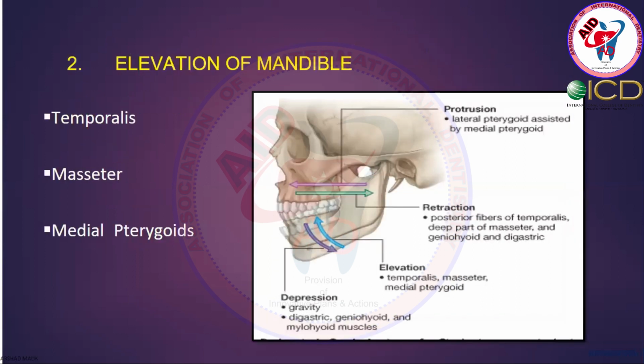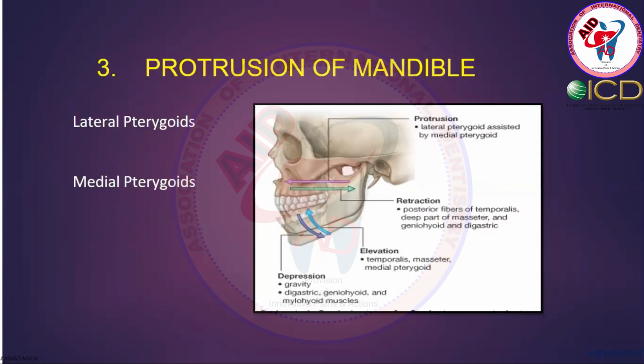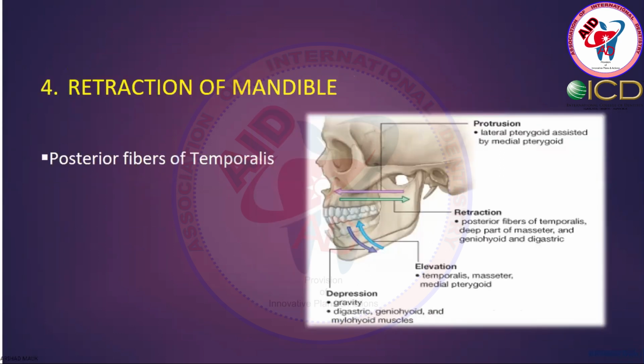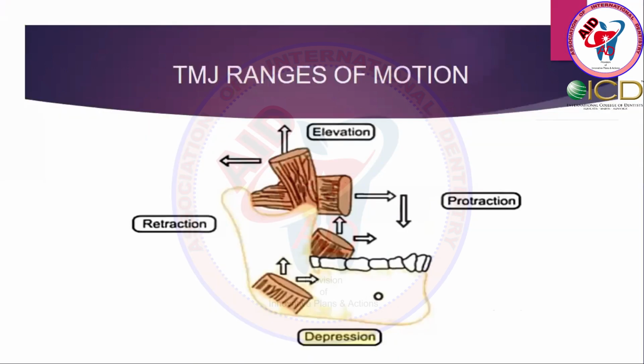Elevation, temporalis, masseter, medial pterygoid. Protrusion, lateral pterygoid, medial pterygoid. Retraction, generally posterior fibers of the temporalis muscle. Sometimes digastric does appear.